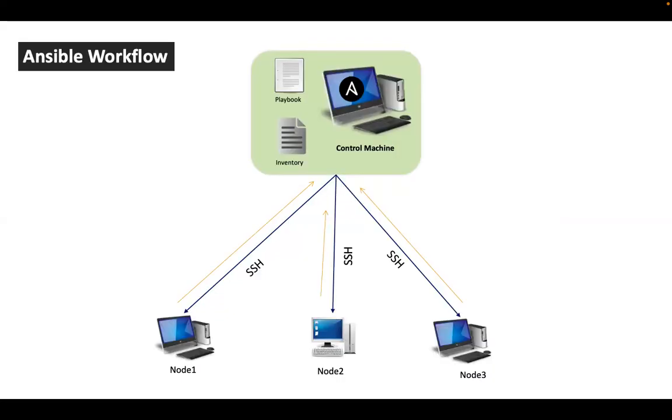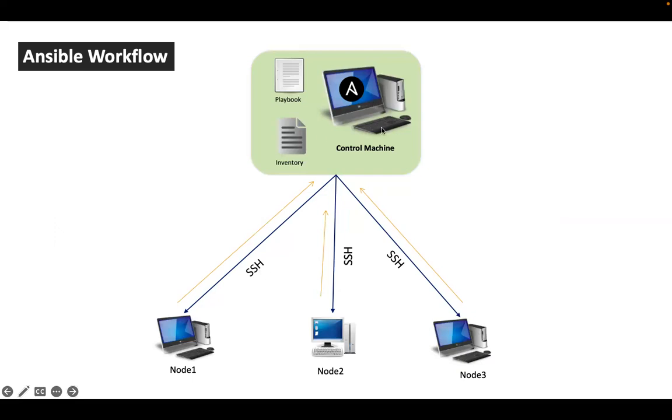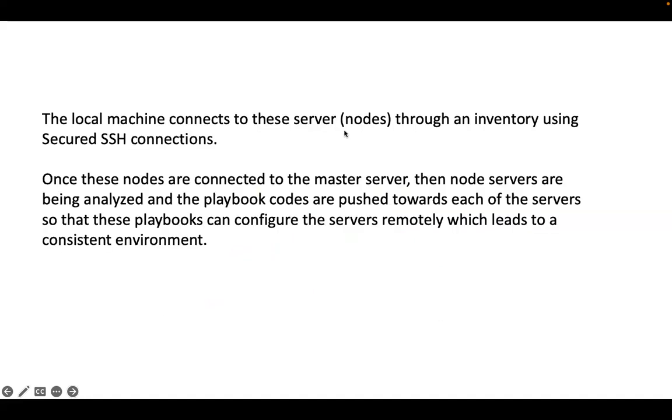Okay, whatever I told is written here. The control machine connects to the node with SSH and pushes the playbook to the node machine and executes there. The local machine connects to the servers through the inventory using a secured SSH connection.